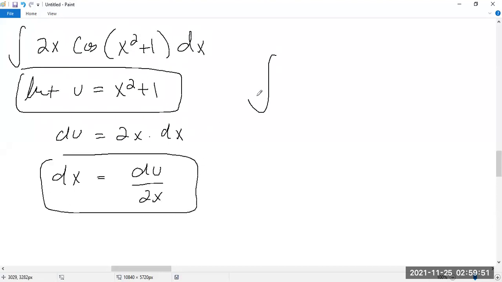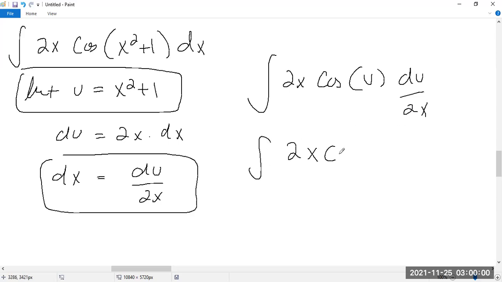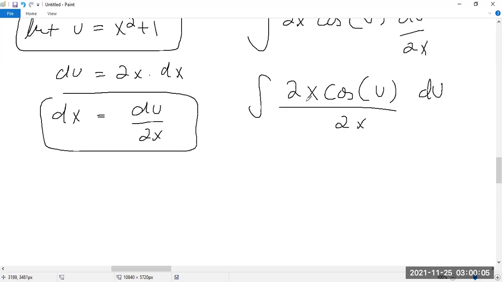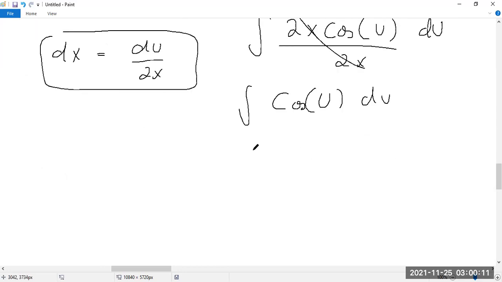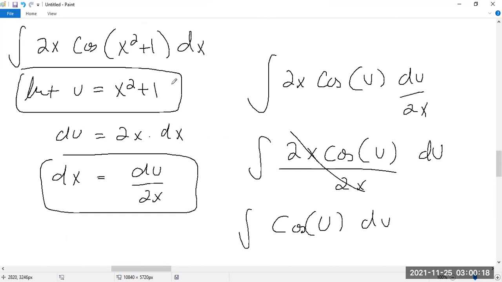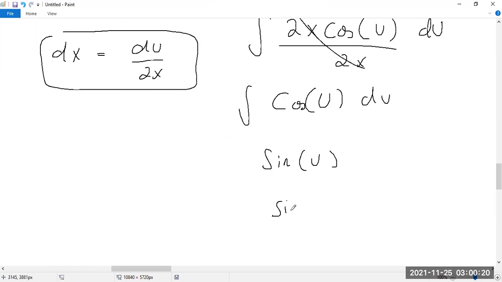So this is 2x cosine of u du over 2x. These cancel out, leaving the integral of cosine of u du, which is just sine of u. If I put my u back, it's sine of (x squared plus 1).